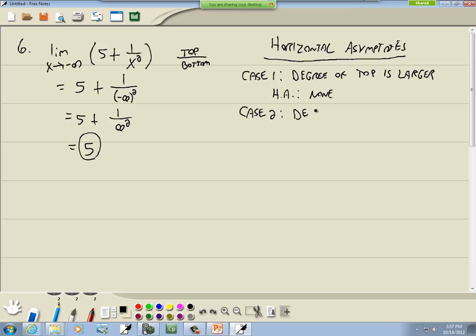Case 2, the degree of the bottom is larger. For your horizontal asymptote, you'd have y is equal to 0. And case 3, degrees are the same.